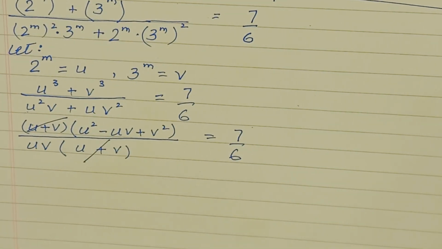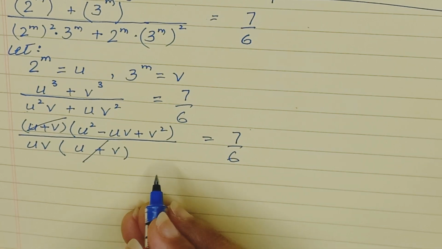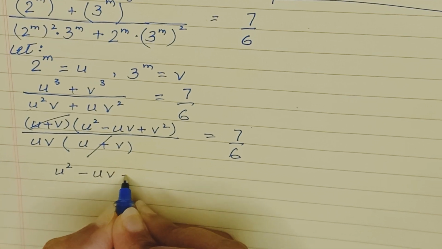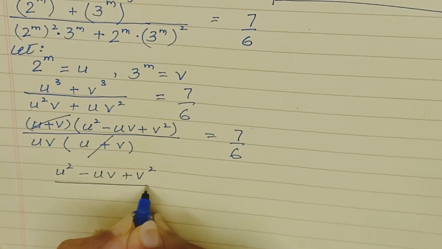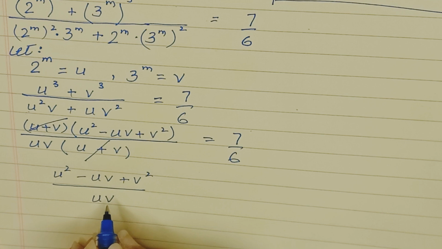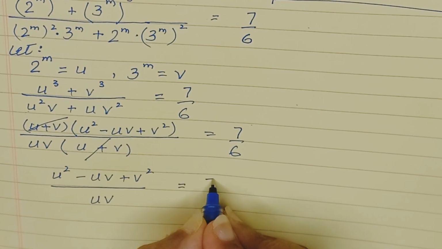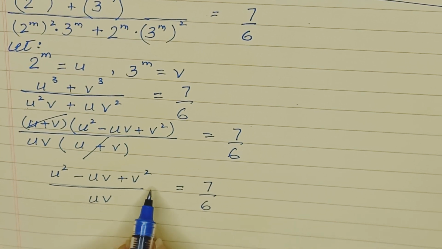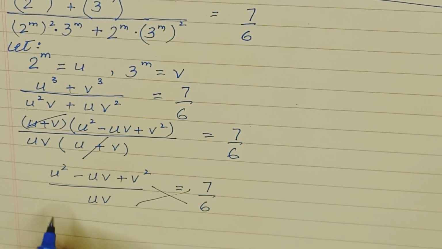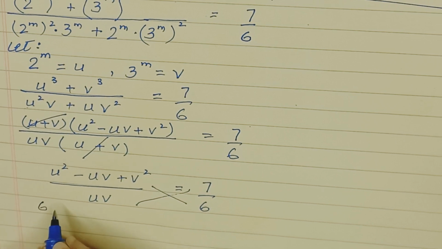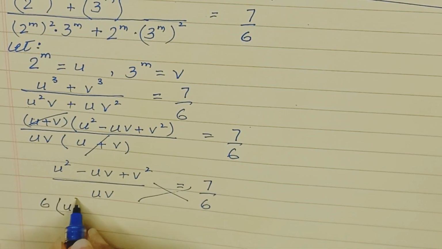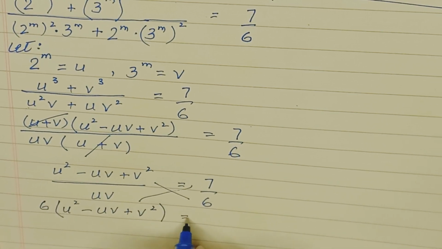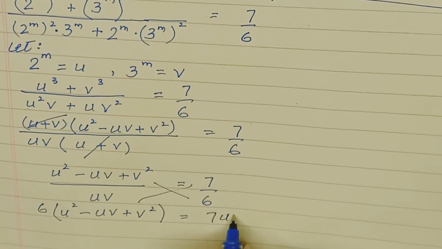Now we have remaining (u^2 - uv + v^2) divided by uv, which is equal to 7/6. Now we will do its cross multiplication. So it will become 6 into (u^2 - uv + v^2) equal to 7uv.